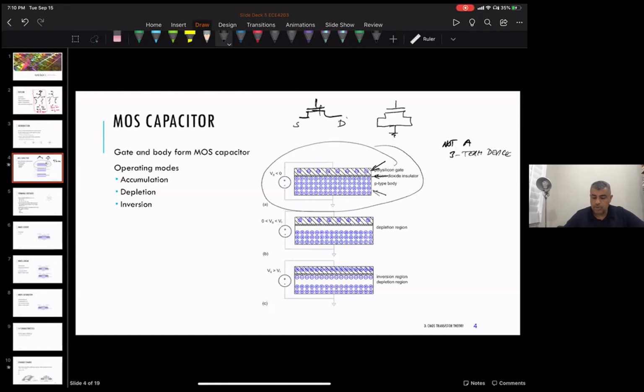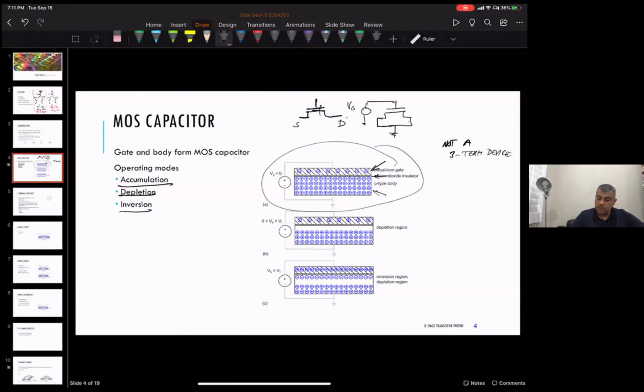Under that condition, which again could be that you just hooked up the drain and source together, you have 3 areas of operation, depending on what the voltage on the gate is. So you put a voltage source on the gate, and you have these three areas of operation.